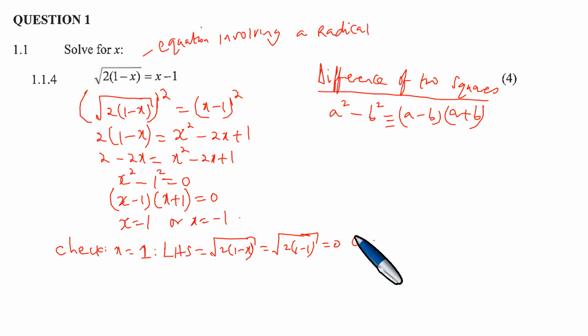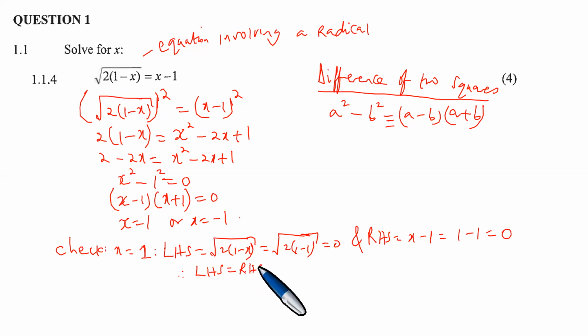And the right, x minus 1, 1 minus 1, 0. And therefore, the left-hand side is equal to the right-hand side in the case of x equals 1. But we're not done. We're also going to check the other root.